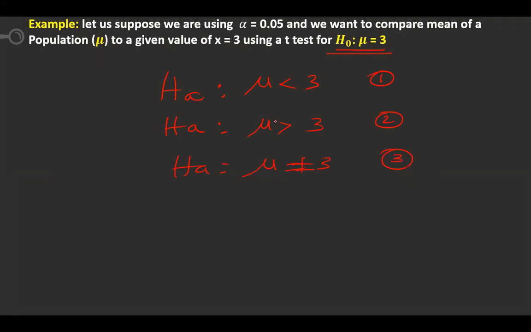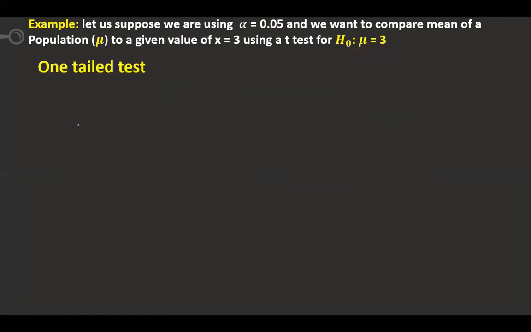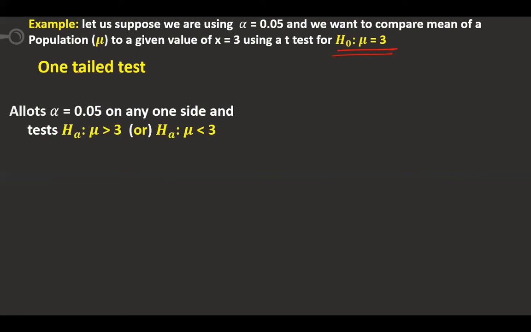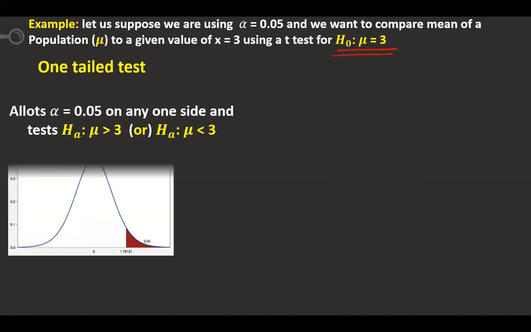Based on these choices, we'll be having tests. Those tests are called one-tailed test, two-tailed test, etc. So I'm going to show what is called a one-tailed test and what is called a two-tailed test. Now listen here, one-tailed test. For this particular sum, I'm going to consider a one-tailed test. My alpha will be 0.05 because 0.05 is given to you.